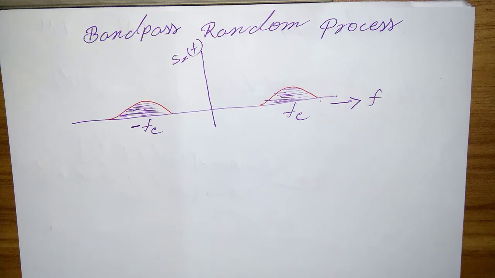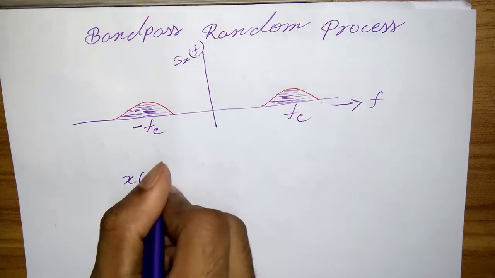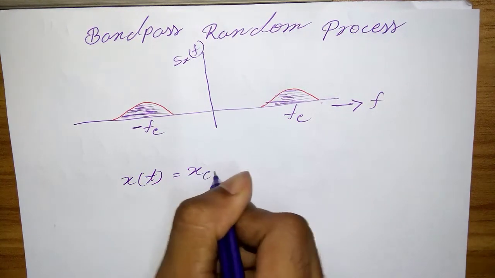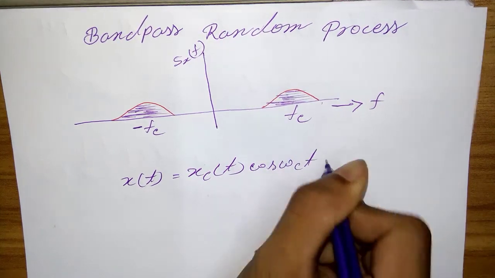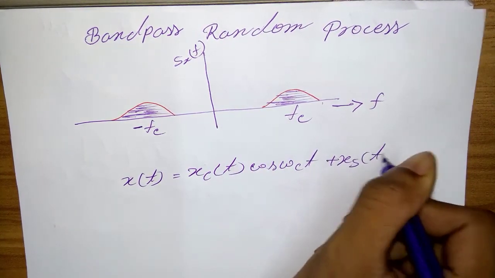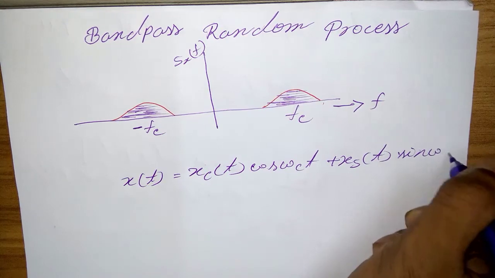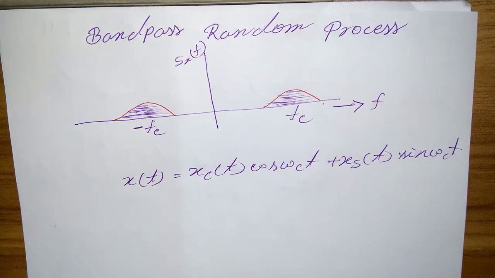So just as a bandpass signal can be represented in terms of components, we can express the bandpass random process as x of t equals xc(t) cos omega c t plus xs(t) sin omega c t.